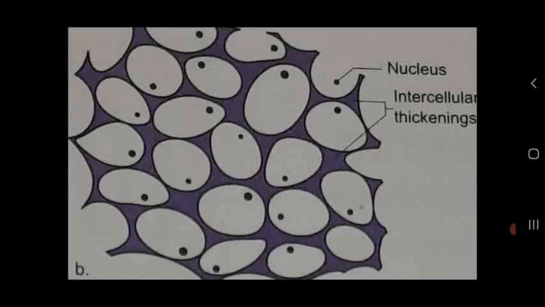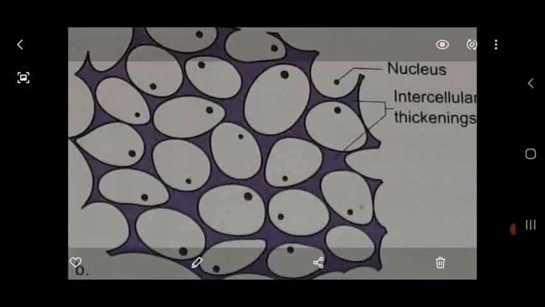That type of collenchyma is called lacunar collenchyma. See the diagram, the parts are also given there, intercellular thickenings. Between the cells, the air spaces have the thickenings. That is called intercellular thickenings. This type of collenchyma is called lacunar collenchyma.